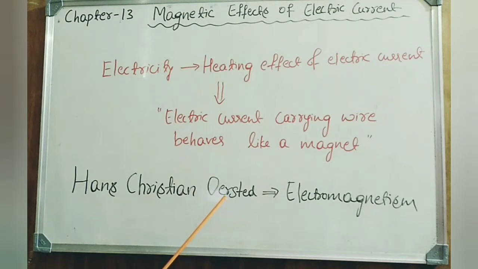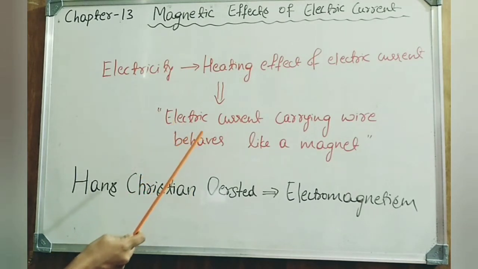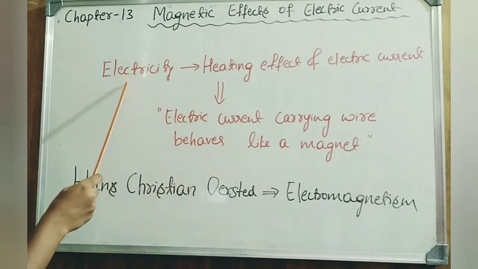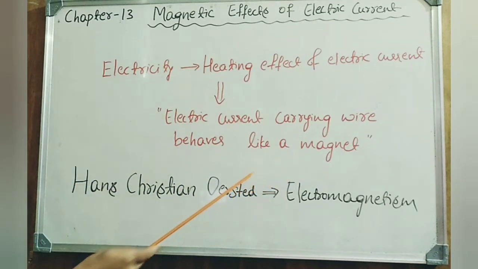He is the first person who gave the theory about electromagnetism. Based on an activity, he showed that an electric current carrying wire behaves like a magnet. Let us see what the interconnection between electricity and magnet was through an activity.